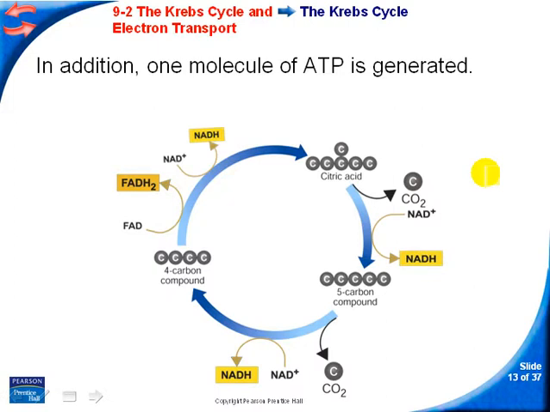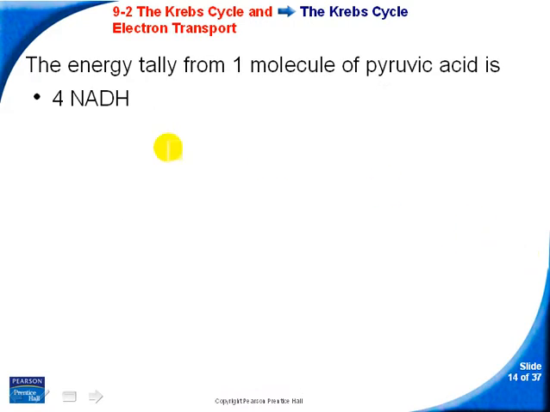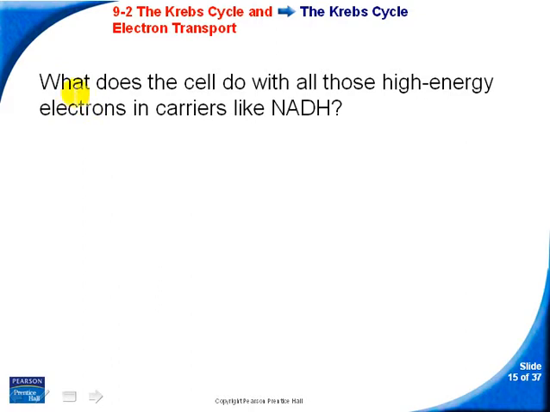We also get one more molecule of ATP right there. So as a result of this, we end up with 4 NADH, 1 FADH2, and 1 ATP from one molecule of pyruvic acid.